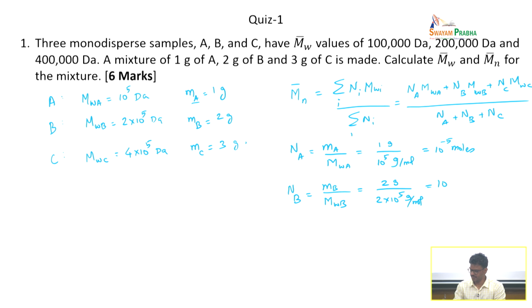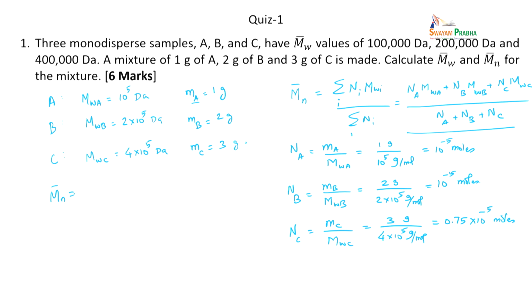So this is also 10^-5 moles. Nc is mass of C by Mwc. So mass of C is 3 grams and molecular weight is 4 × 10^5 gram per mole. So this is 0.75 × 10^-5 moles.